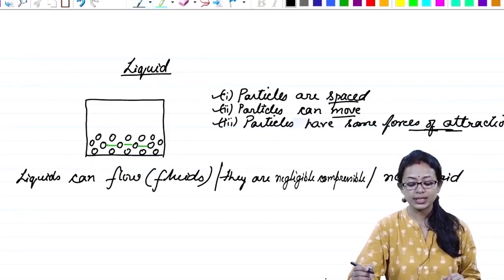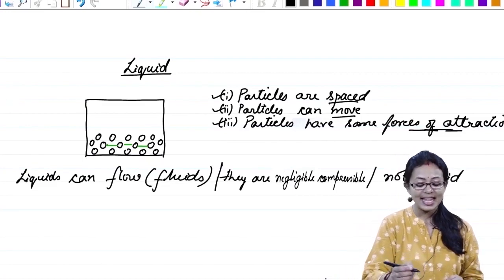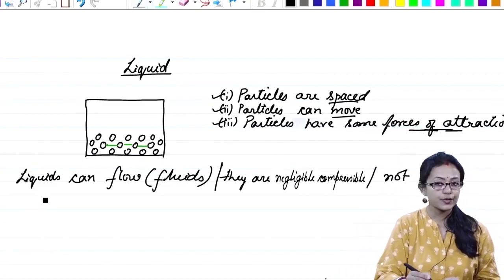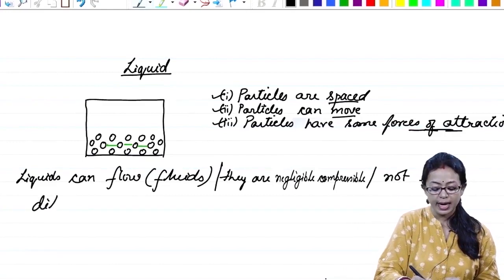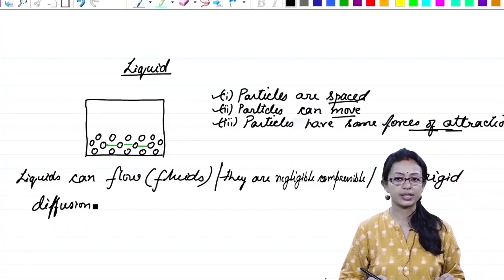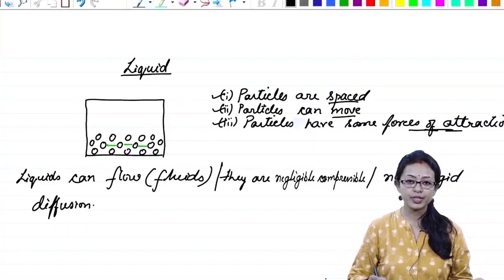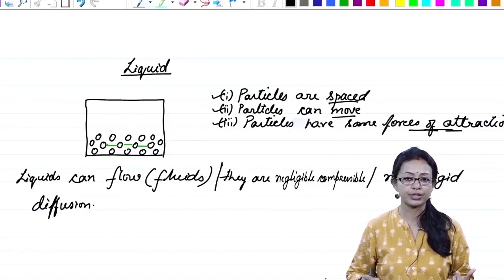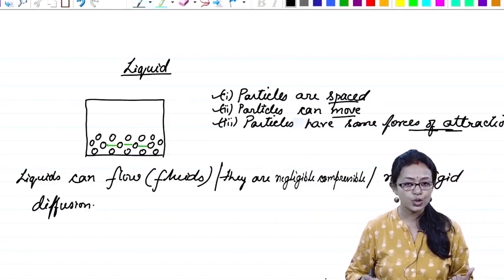Another important thing that we should not forget is that liquids can diffuse. The rate of diffusion in liquids is comparatively high compared to solids. And in the previous topic we already discussed that the rate of diffusion depends on the temperature as well. Why is it so?